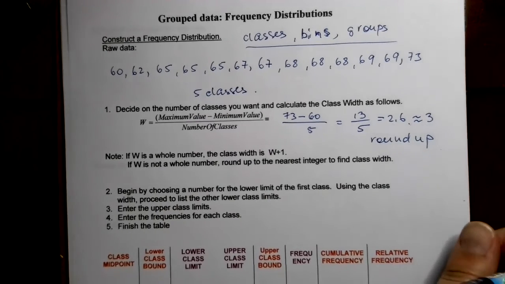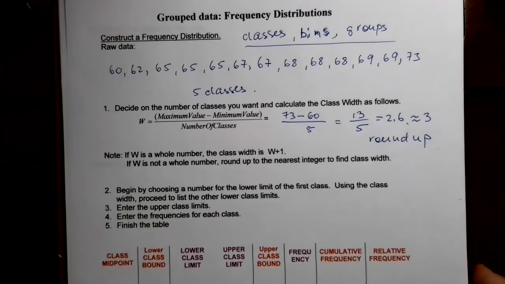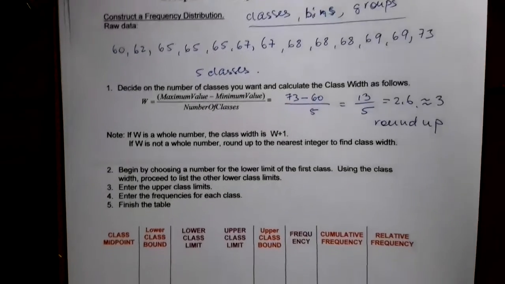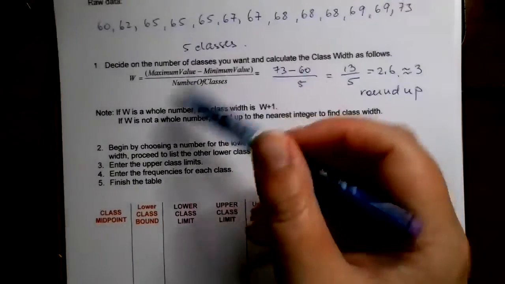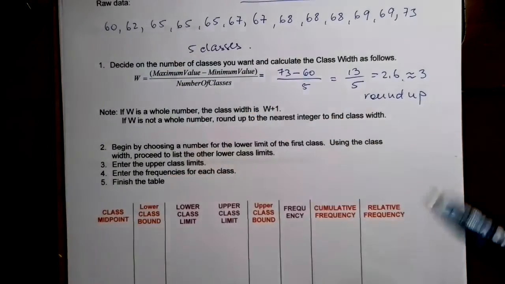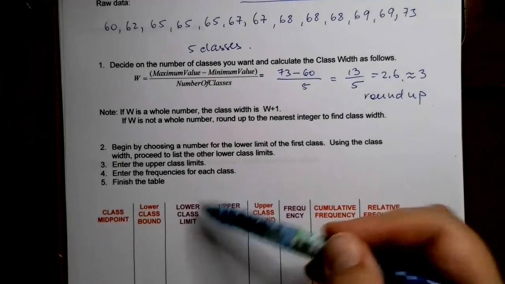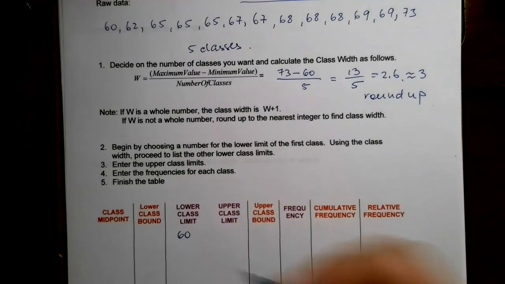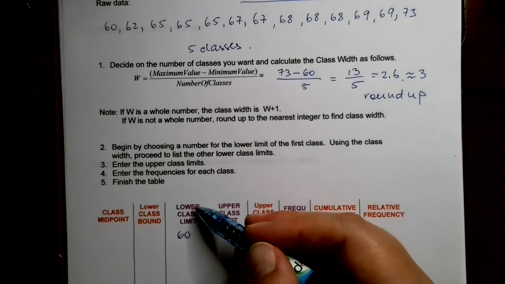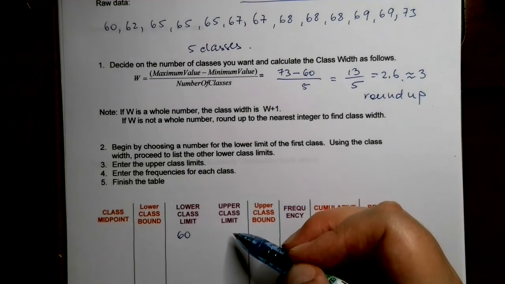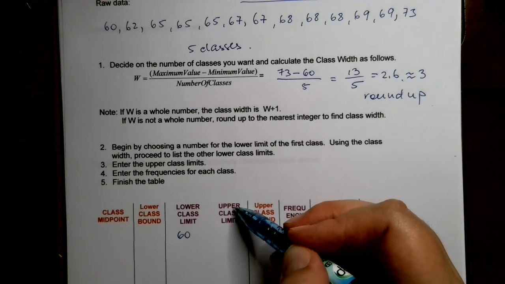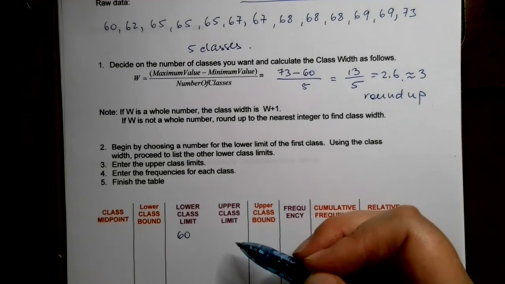Let's do this. I have this worksheet that I already pre-made, and I'm going to build my classes. I'm going to start with the lowest value that I have, which is 60, and this is going to be my lower class limit. So my first class starts with 60, and this is called a lower class limit. Then we're going to determine where my first class is going to stop later, and that's going to be the upper class limit.